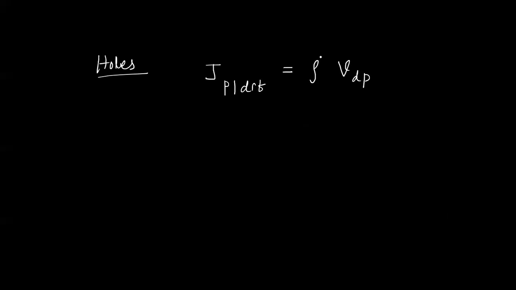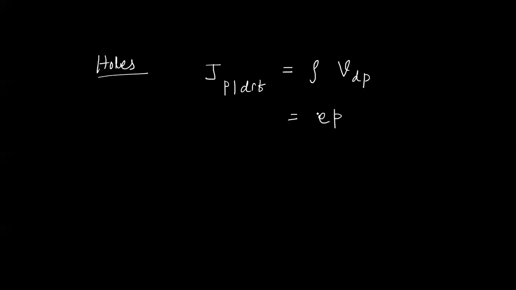We know volume charge density is charge per unit volume. The charge is, let's say, plus E over here, and the concentration of holes we can write as P. Concentration means the number of holes per unit volume, multiplied with one positive electronic charge.